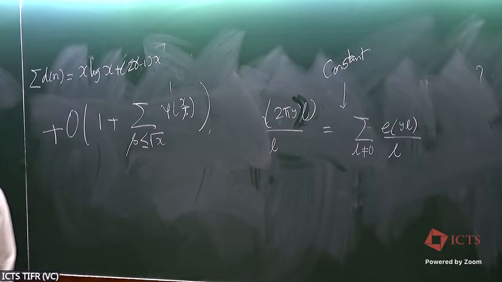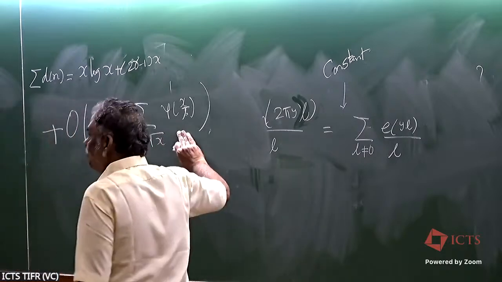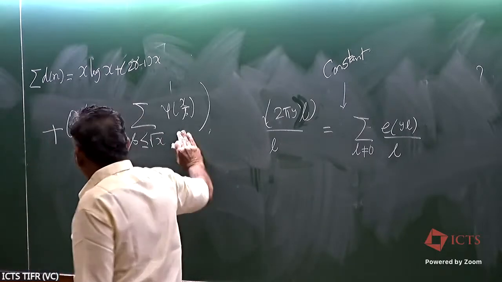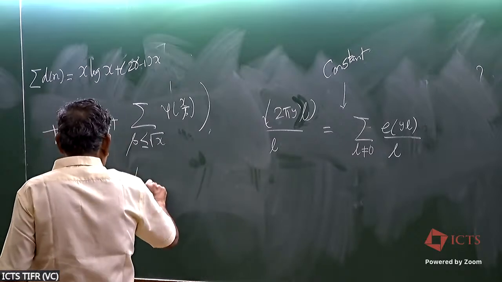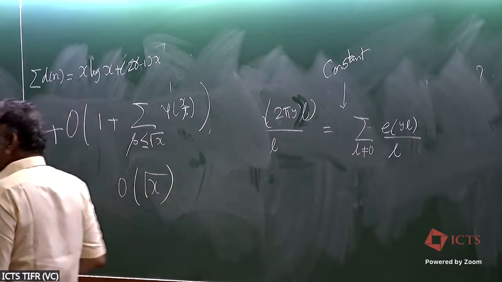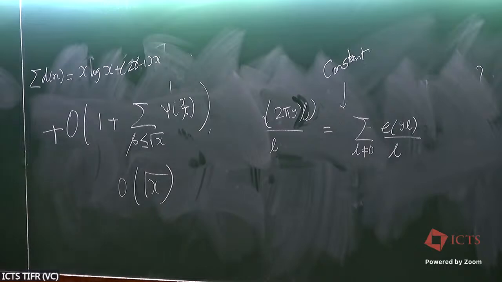This is something which you can easily prove by everywhere writing that integral part and replacing the integral part by that number minus psi of y and then simplify. Everything nicely will boil down to this. And if you just use the fact that psi is bounded, then of course you get the error term, which is O of square root of x. And that is exactly what Dirichlet did.